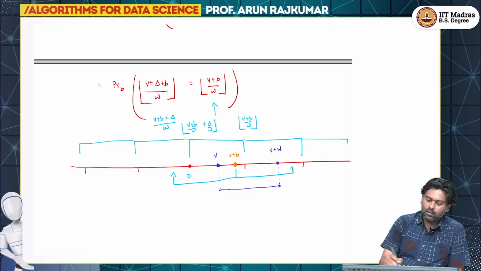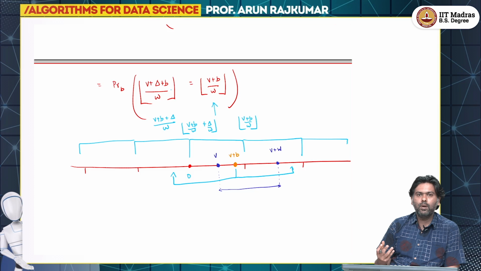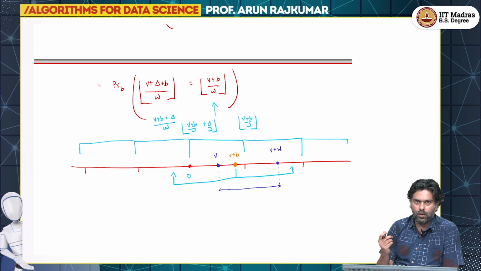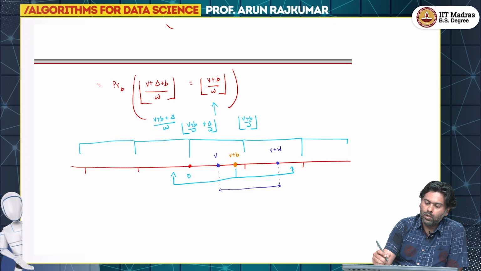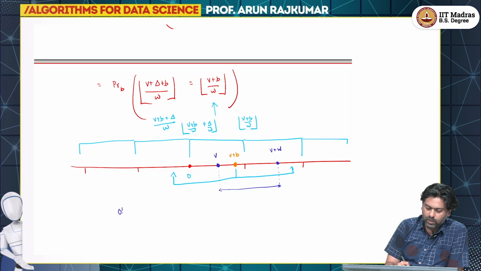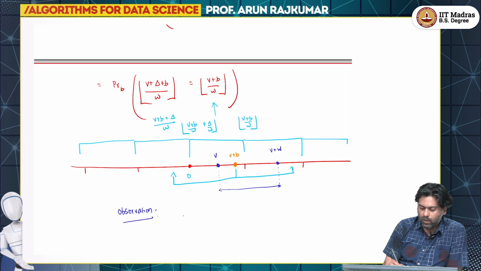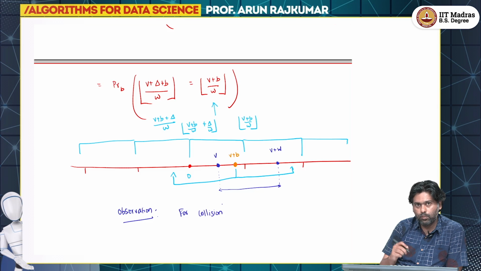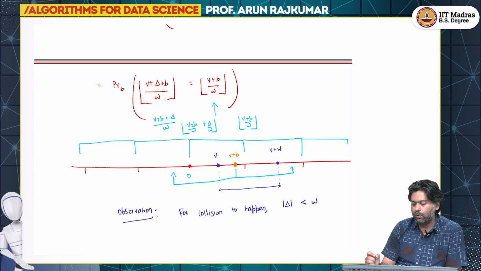So, for collision to happen, the absolute value of delta has to be within W, right. So that is the first observation, right. Observation: for collision to happen, because we are caring about collision probability, the absolute value of delta must be less than W, right.